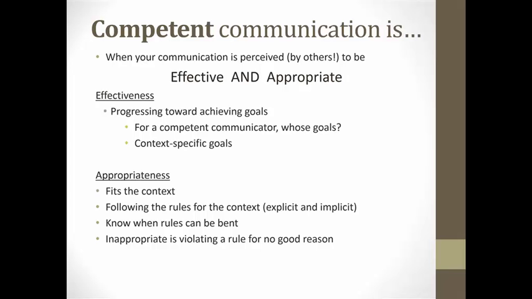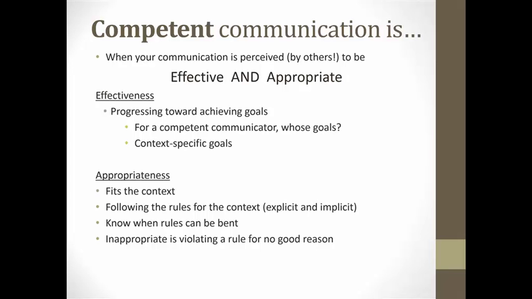But it's important to know that there are social rules, social expectations for almost any context that we're a part of. And there are two different levels of these rules. There are explicit rules and implicit rules. Explicit, stated, right? Very clearly put out there. So for instance, no late work in class is an explicit rule in our context of class.